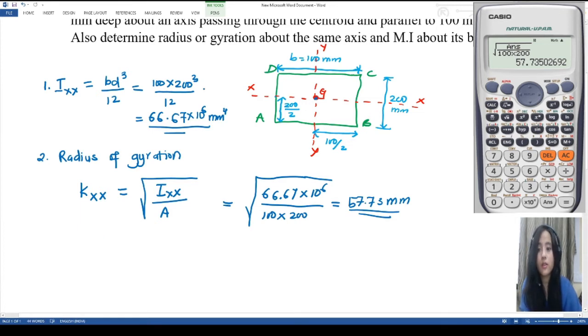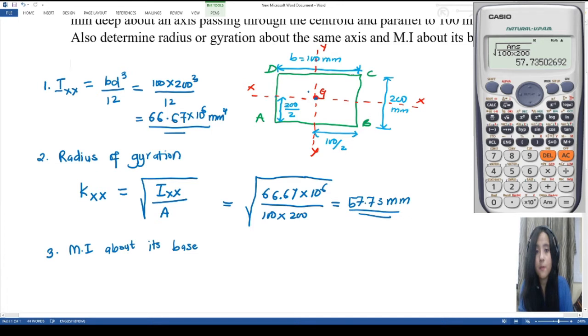Now the third one, they have asked us to find moment of inertia about its base. So moment of inertia about its base, now we have to find moment of inertia about its base, right? So the base here is AB, the base for this rectangular section.